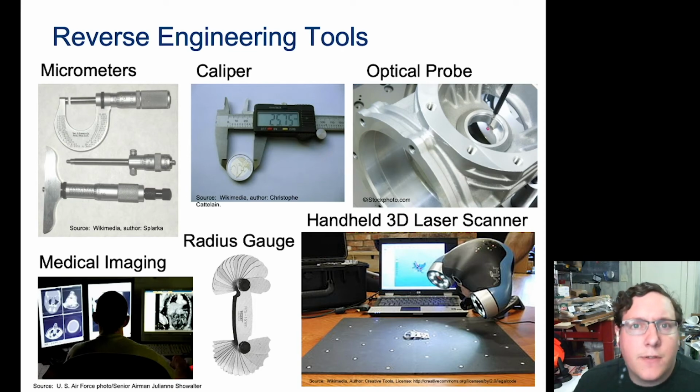But there's also more advancements in imagery. So optical probes and microscopic cameras can be used to go ahead and investigate inside of a product. Things like medical imaging, so x-rays, CAT scans, MRIs, are not just for medical purposes, but they can also be used to see inside an object.